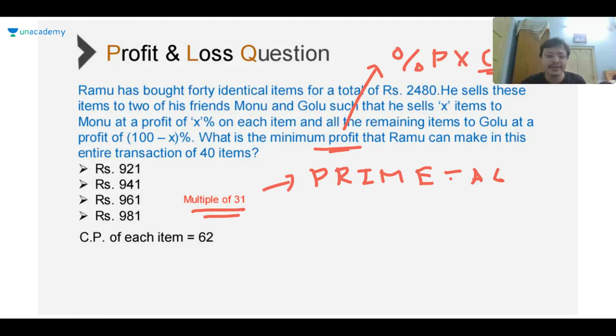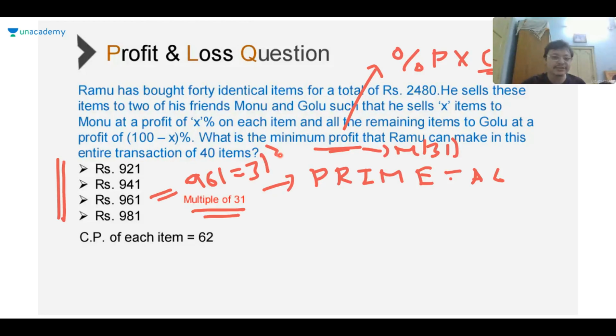So your cost price is a multiple of 31, then your profit will also be a multiple of 31. So all you need to do is look at the options and see which of the options is a multiple of 31. 961 is equal to 31 square, which means the answer is option C, 961.